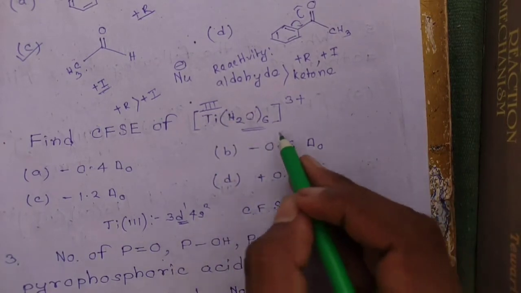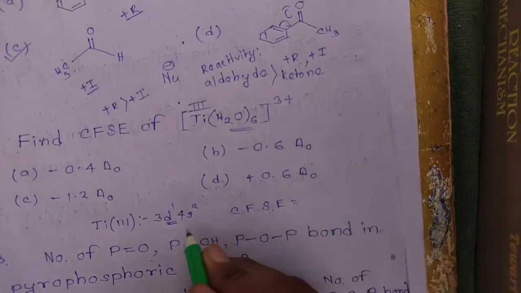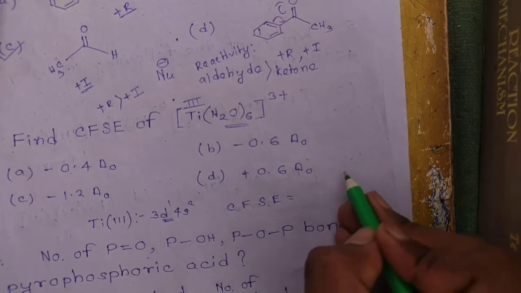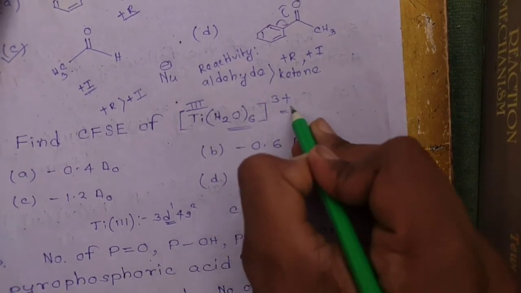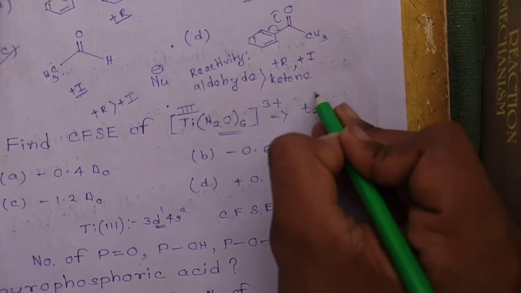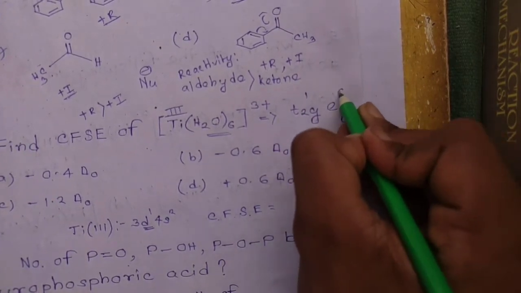So CFSE for this compound is, the electronic configuration will be t2g1 eg0.